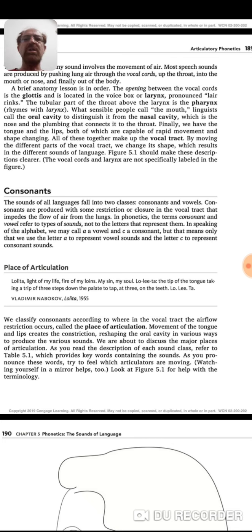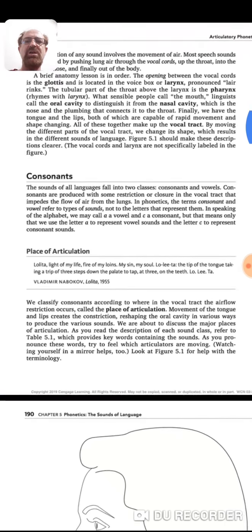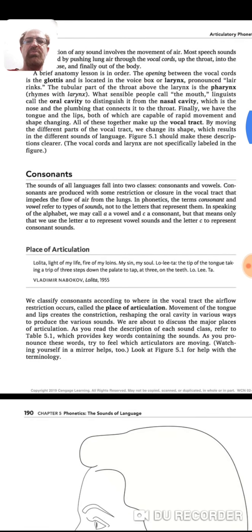The consonants of English are worked out in terms of the places of articulation. Which place in our mouth we make the sounds.